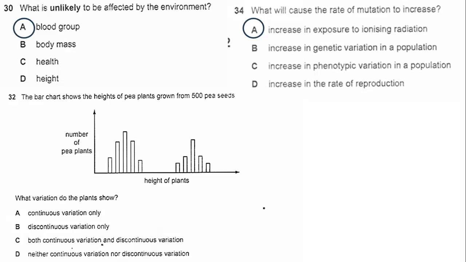This question is a little bit tricky. The bar chart shows the height of pea plants grown from 500 pea seeds. What variation do the plants show? So is it continuous variation or discontinuous variation? You know that height can be a range between two extremes. So you can say it is a continuous variation.